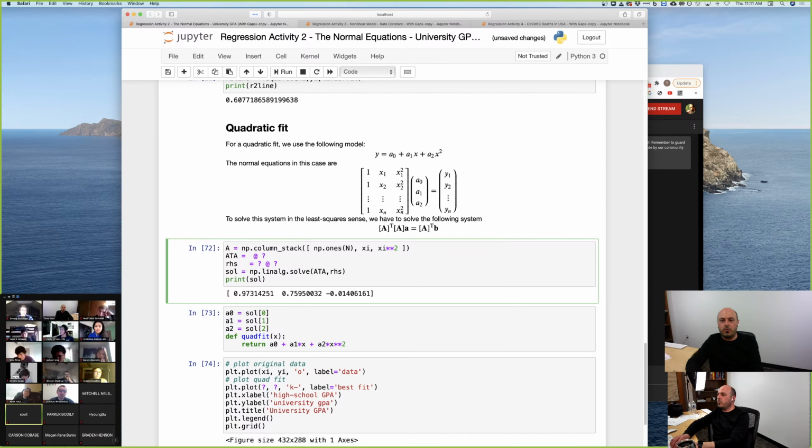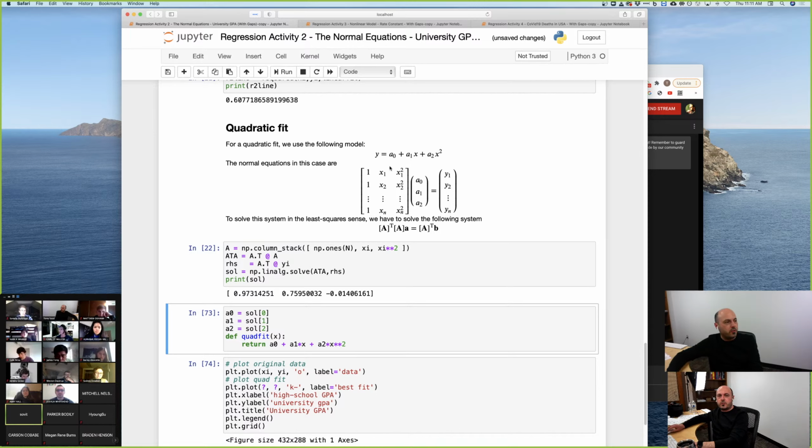Sovit, do you want to continue? Yeah, so it's going to be the same thing, A transpose multiplied by A, and the second one is A transpose multiplied by yi. Correct. Excellent. And this is what you got. So those are the coefficients of the polynomial.